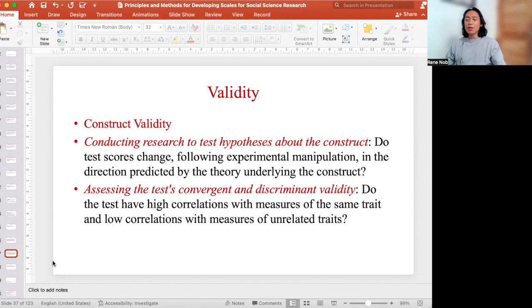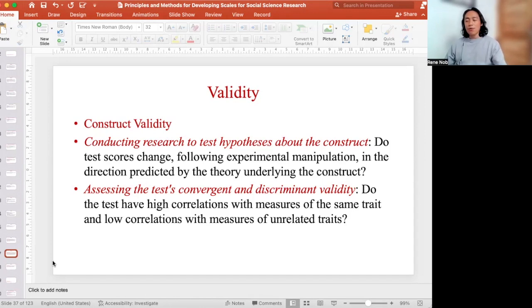Another measure of construct validity is by assessing the test's convergent and discriminant validity. And this answers the question, do the tests have high correlation with measures of the same trait and low correlations or even negative correlations with measures of unrelated traits or opposite traits?